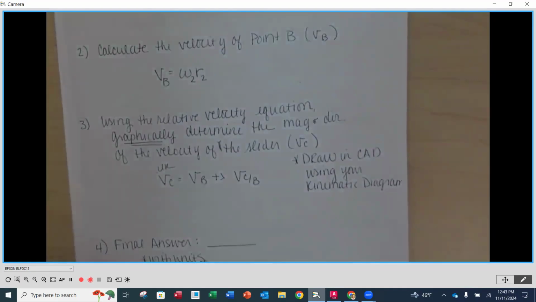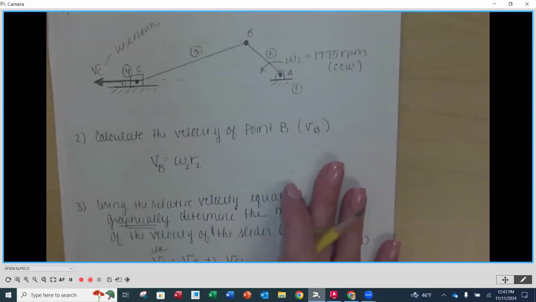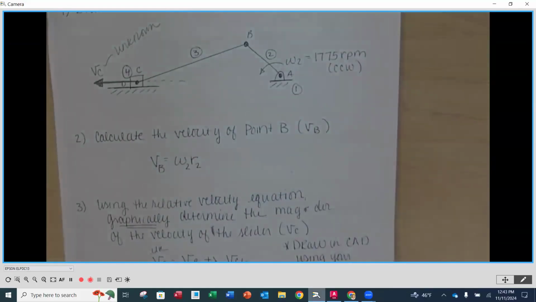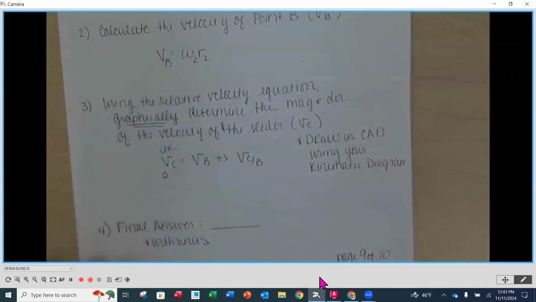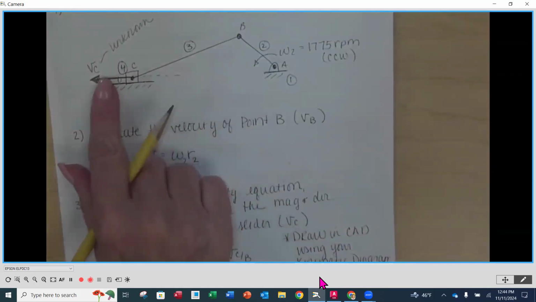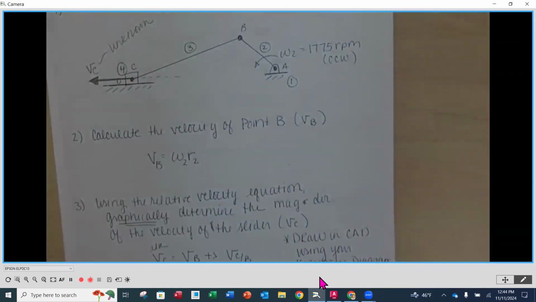Now, for velocity of C though, do you notice that this is a vector? So we need two quantities to fully define it. We need magnitude and we need a direction. Now, it is unknown in magnitude, right? So I'm going to put this little circle here resembling unknown magnitude. And then because it is a slider, I know it's going to be along that horizontal line. So we know part of the direction.